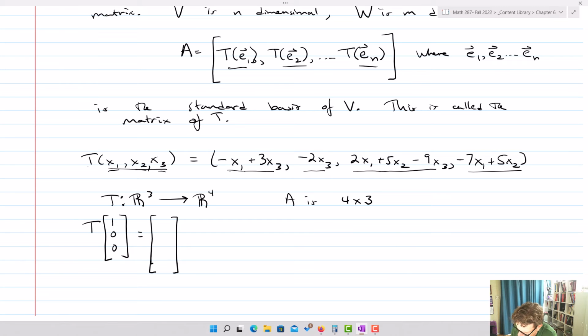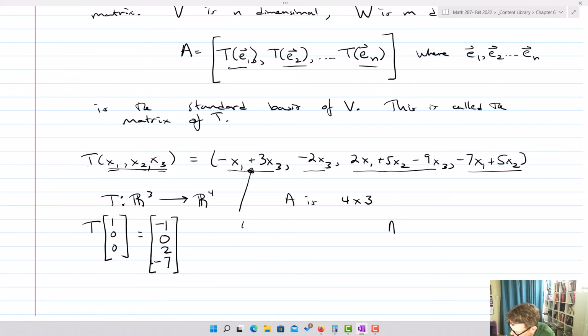The first term is going to end up being negative 1, because it's negative 1 plus 3 times 0. Just notice that I'm just using that. Then it's going to be 0, because x3 is 0. Then we'll get 2x2, and then we're going to get negative 7.